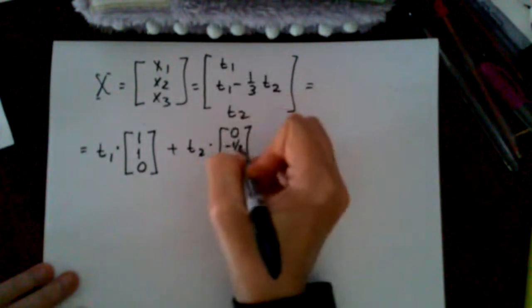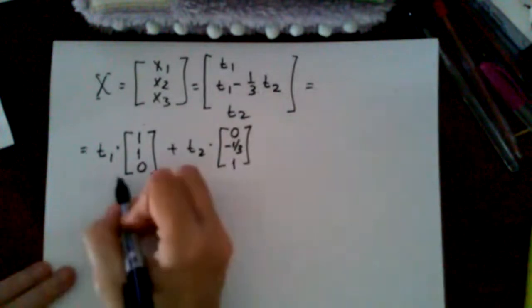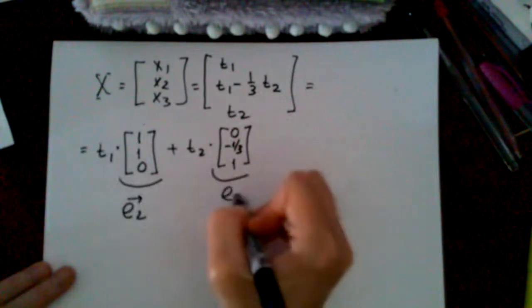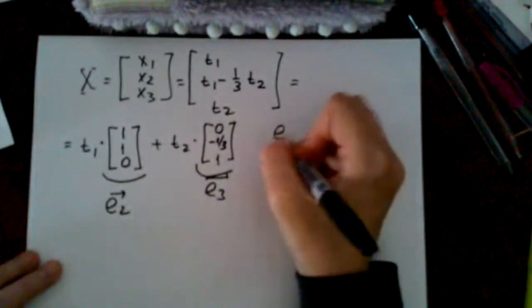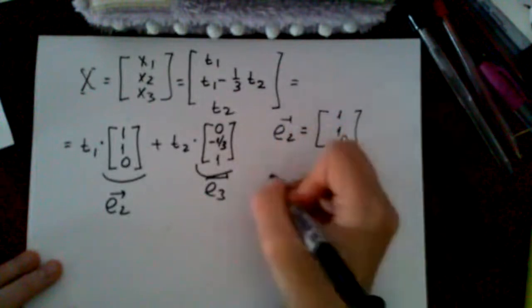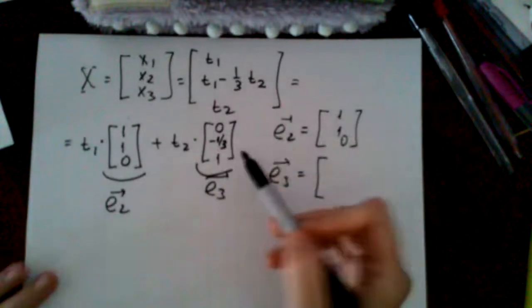In the second row it is -1/3. And here we have coefficient 1. And these are our two eigenvectors, E2 and E3, these columns without t's. The second vector looks very nice: E2 is equal to 1, 1, 0. But as for the third vector, I don't quite like that it has fractions.